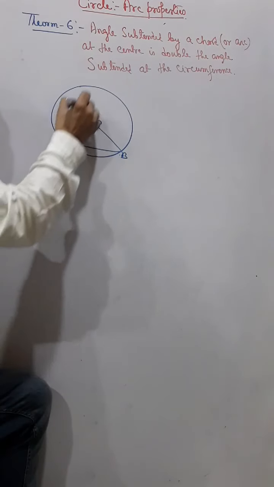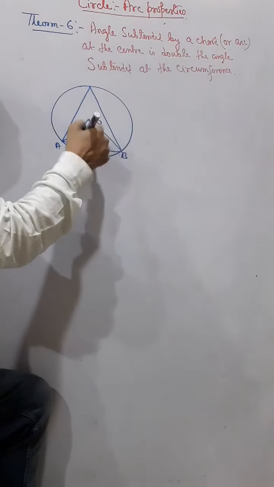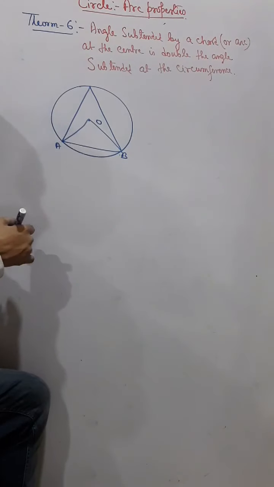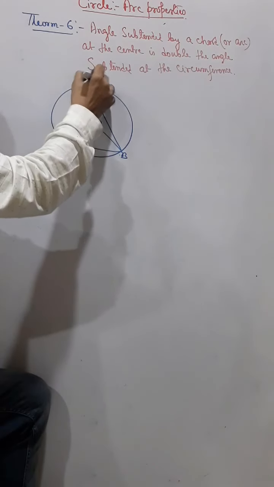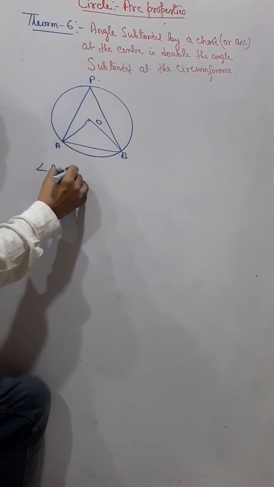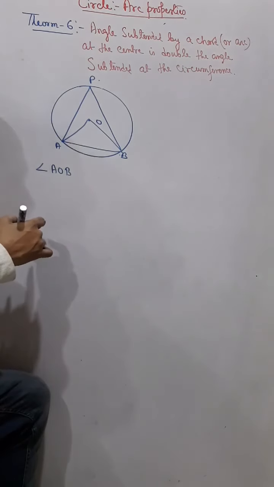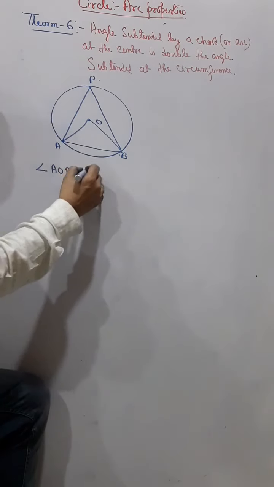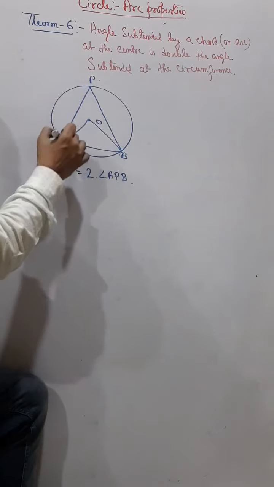Then the angle subtended at the circumference will be half of this. So we can simply say that angle subtended at the center, that is angle AOB, is double the angle subtended at the circumference. So that means angle AOB will be double of angle APB.